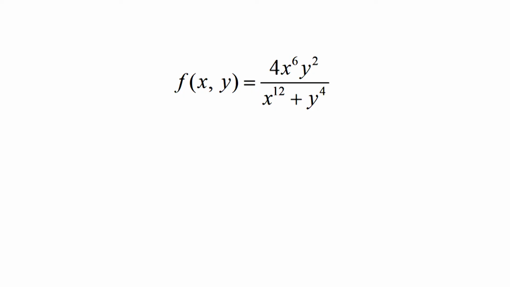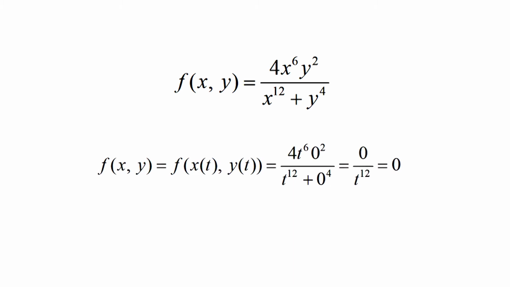Step 1. Substituting the parametric equations x equal to t and y equal to 0 into the formula f of x y equal to 4 x raised to 6 y square all divided by x raised to 12 plus y raised to 4, we get the following function of one variable t.